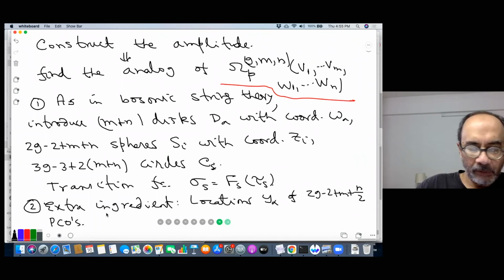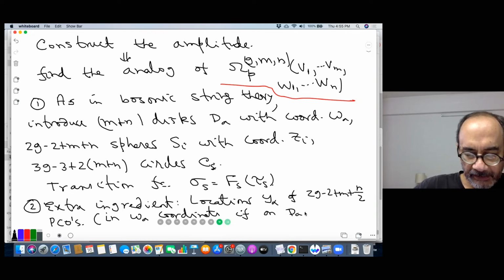But we'll use the convention that we take this to be in w_A coordinate if on d_A, and in z_I coordinate if on S_I.